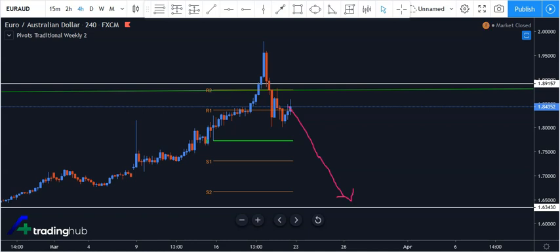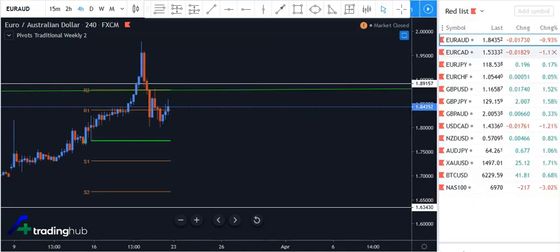So price may drop immediately once the market opens, or we may see price push up a little bit then drop again. I'm more interested selling from here. So I'll wait for price to push up, reach here before I take my sell position. So that is what we have on Euro AUD.